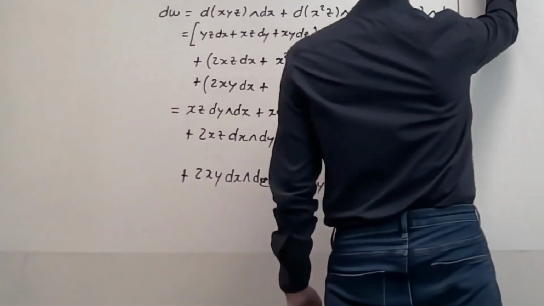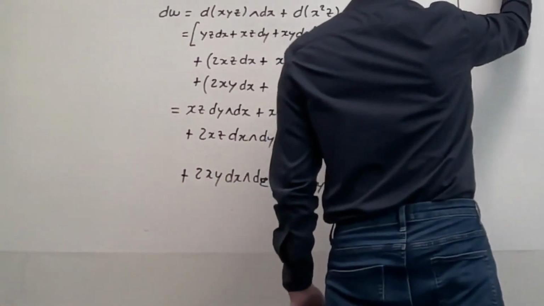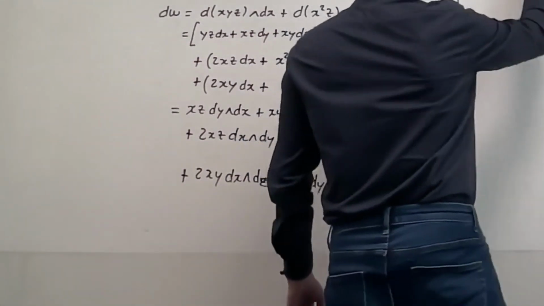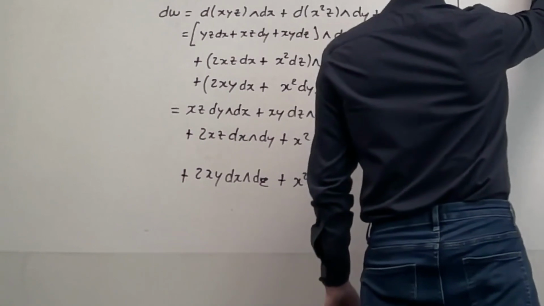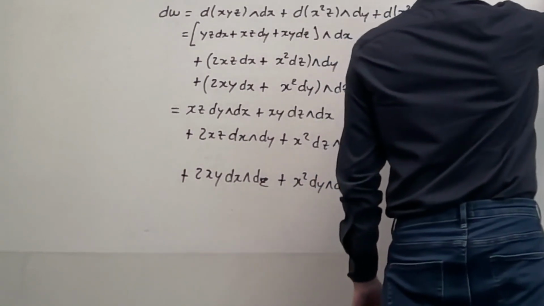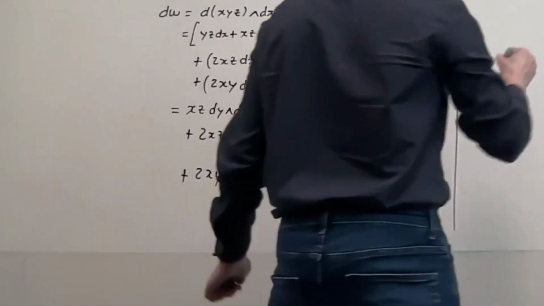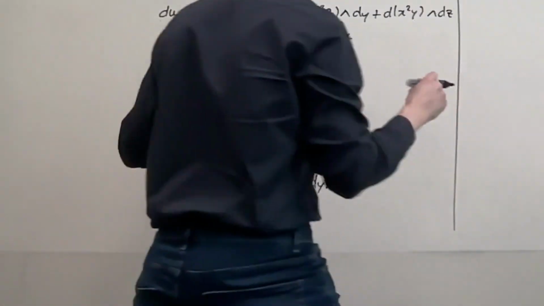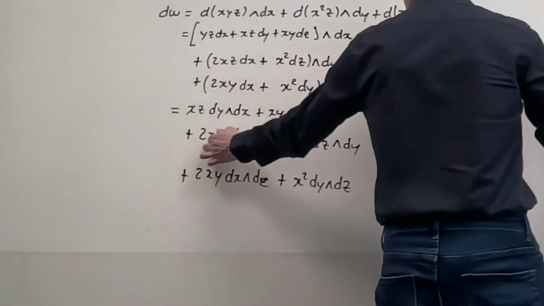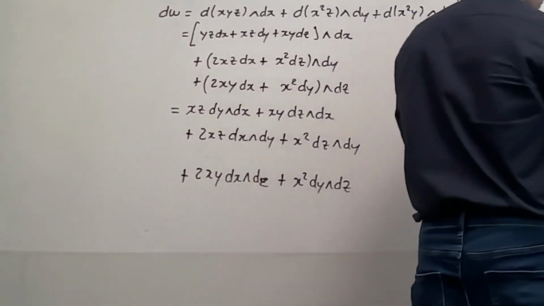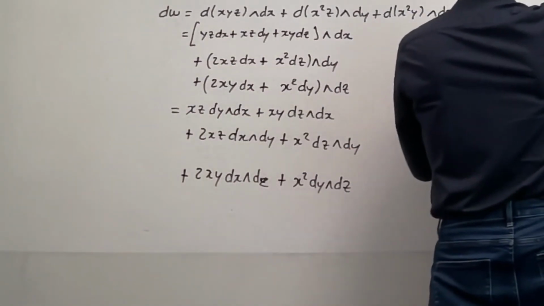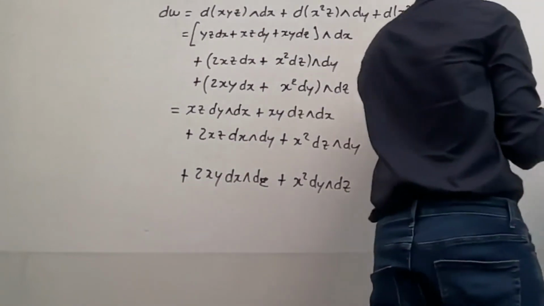So I've got that d omega is equal to, factorizing dx dy, 2xz minus xz. So actually this is times xz.